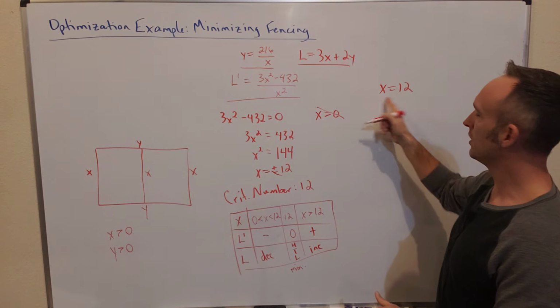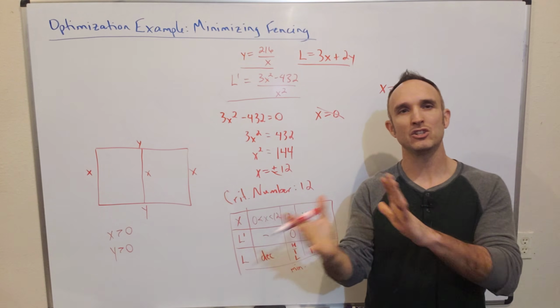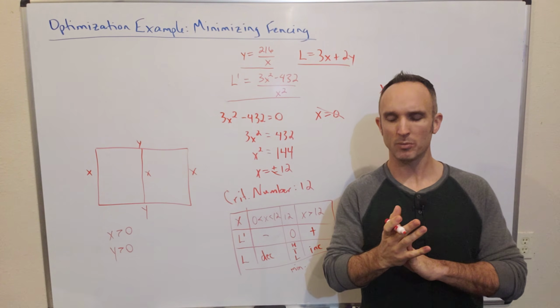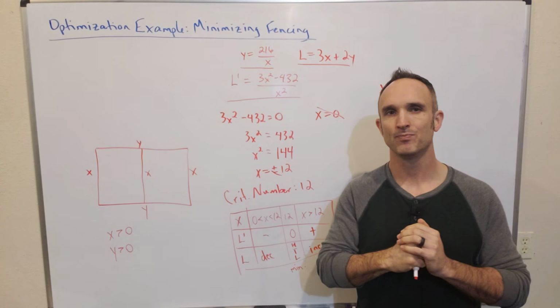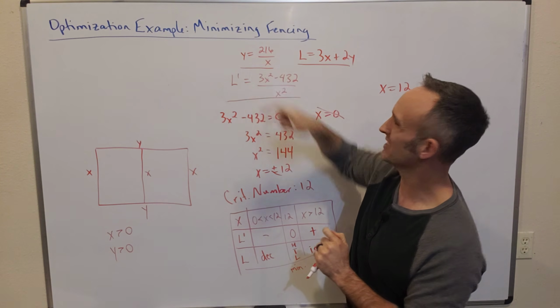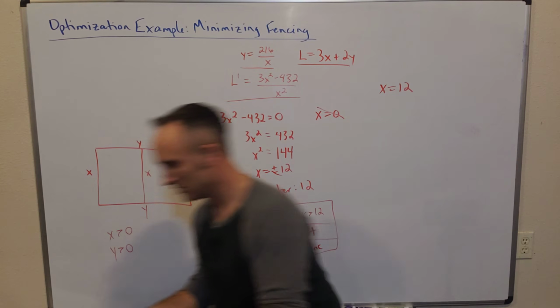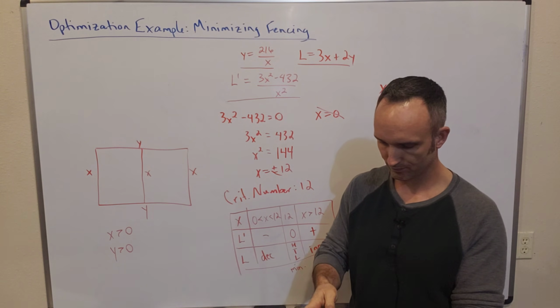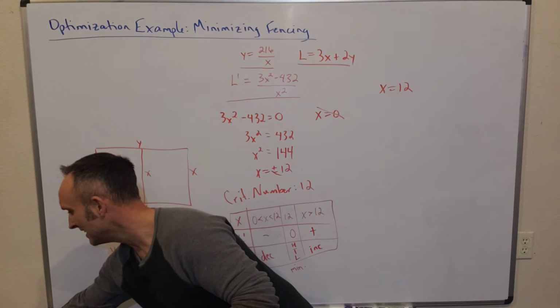So if x is 12, how do we get y? Well, we go back to the original known relationship between x and y, which remember said x times y equals 216. And that's where we got this y equals 216 divided by x. So if I divide 216 by 12, I get 18.